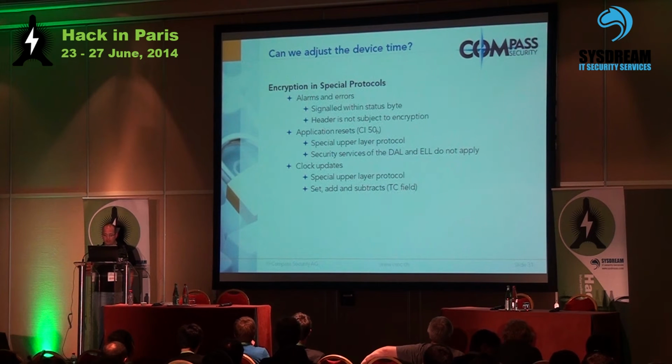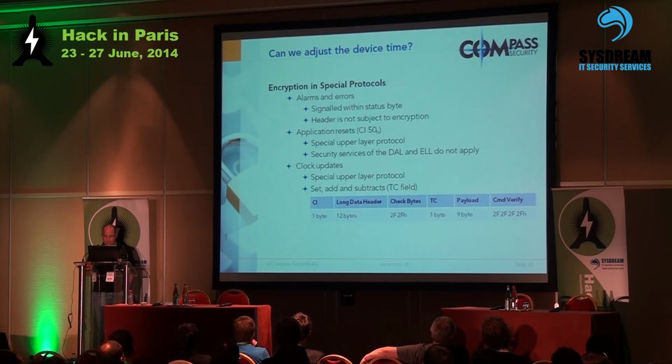Okay, how about integrity? What happens if I can manipulate packets and throw them to the meter or to the collector? In general, there are just two mentions on how to implement authentication.